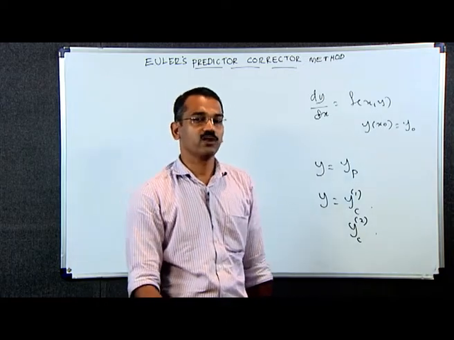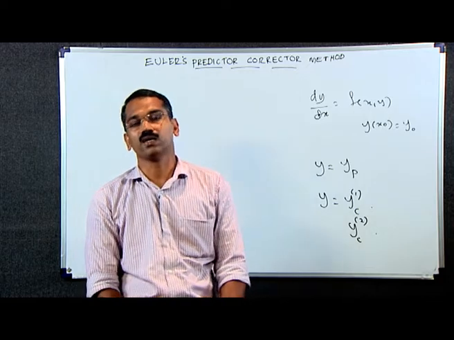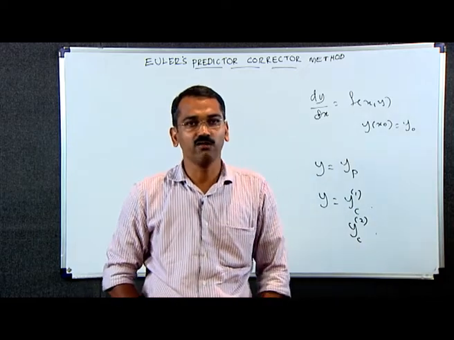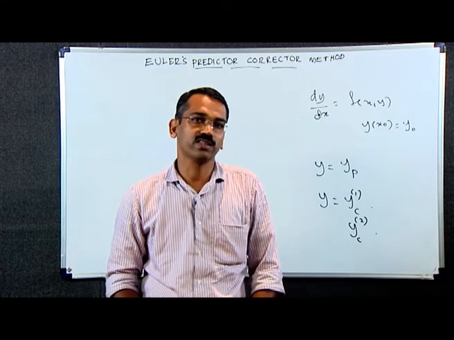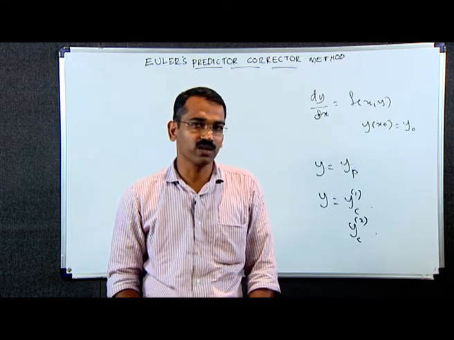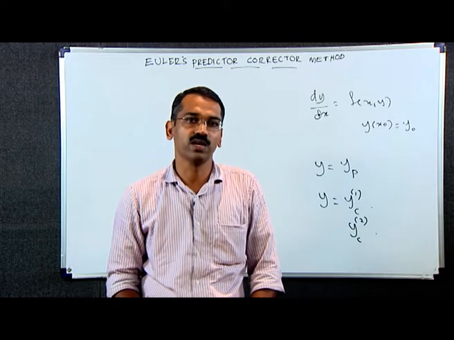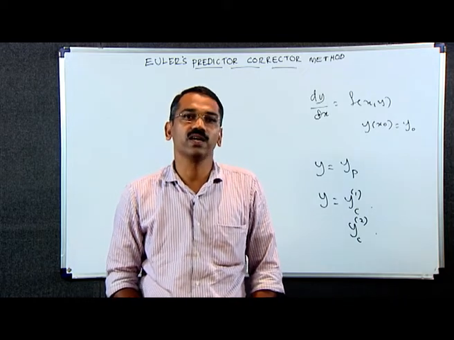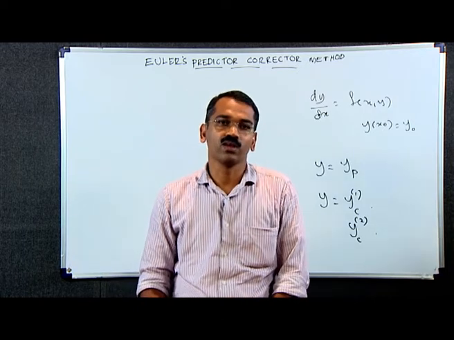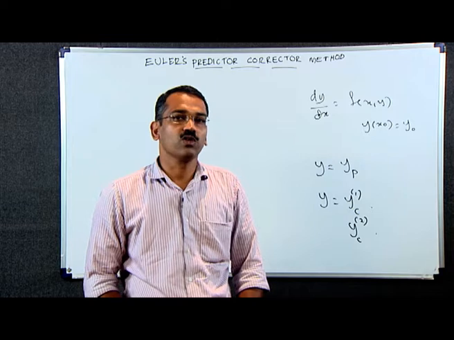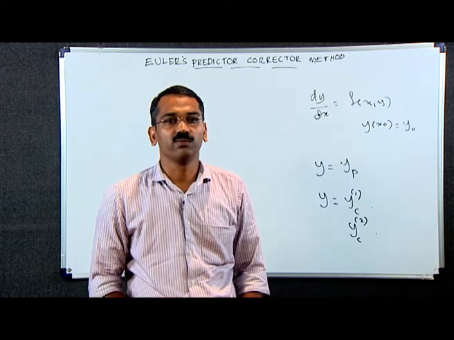Usually, the predictor formula and the corrector formula in any combination will have errors of the same order. However, a corrector formula is generally more accurate than a predictor formula, as the coefficient in the error term of the corrector formula is smaller. Many predictor corrector combination formulas are available.